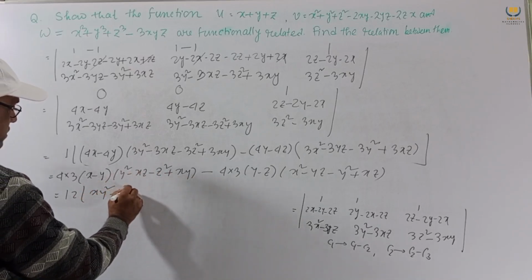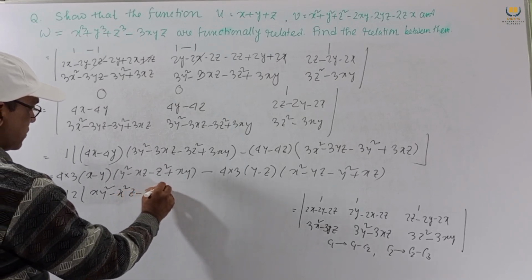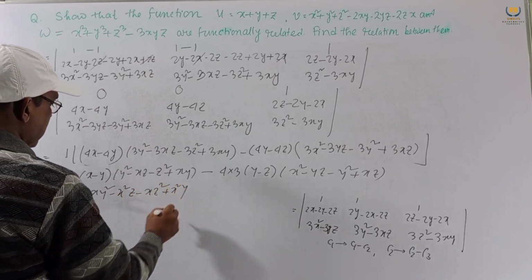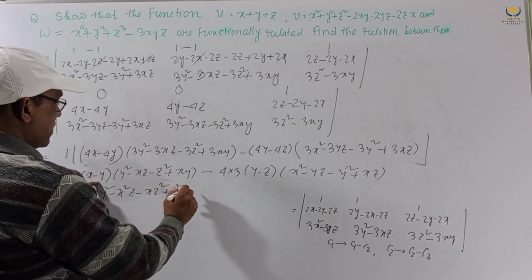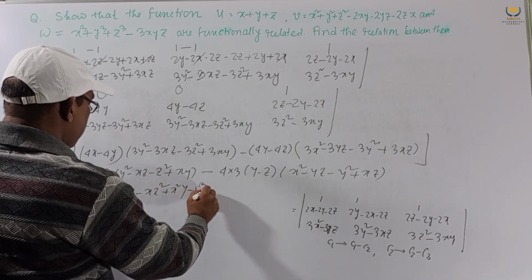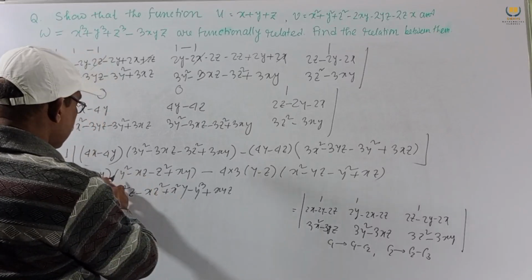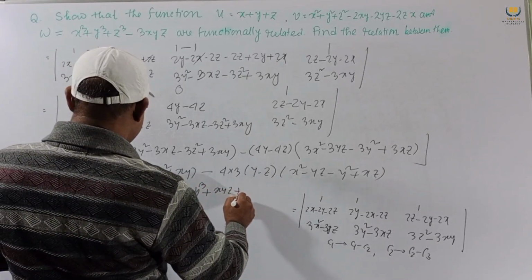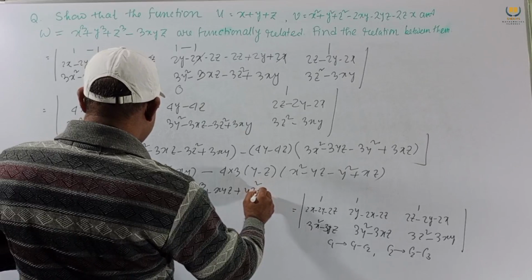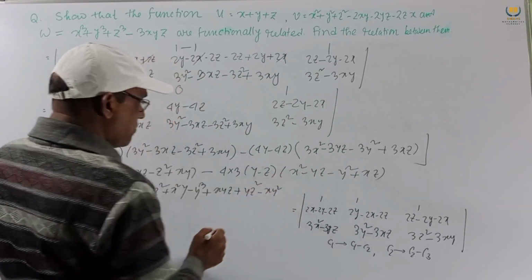Now this and this common, 12 is common, and multiplying all of this by x, y square, x square z, x z square, x square y, and multiplying by minus y cube plus xyz and plus yz square minus xy square.